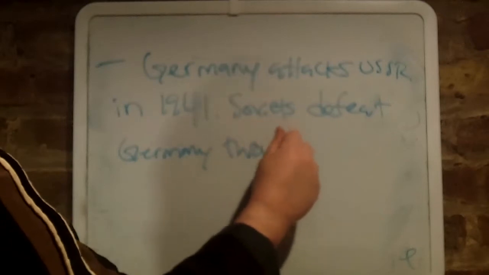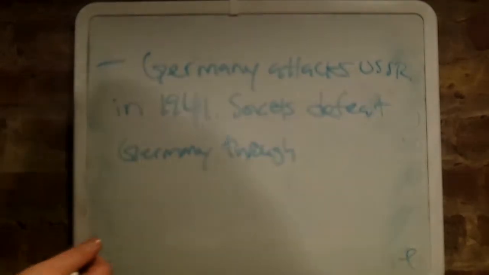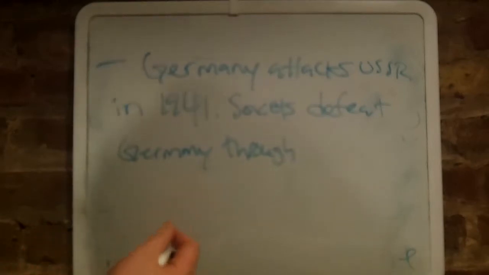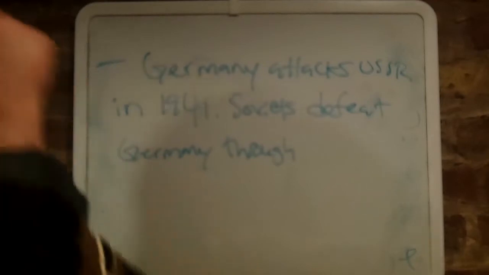They had far more men, tanks, guns, everything. They did not do very well in the early years of the war. They suffered gigantic losses, but slowly but surely they built up strength and defeated the Germans.